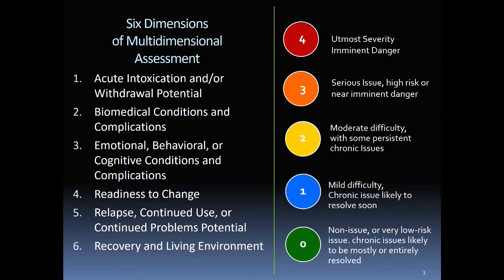In the readiness to change, Dimension 4, this is where we want to see how motivated the client is to change. Right here you'll be able to get a good grasp of what stage of change they're in. Dimension 5, relapse, continued use, or continued problems potential.